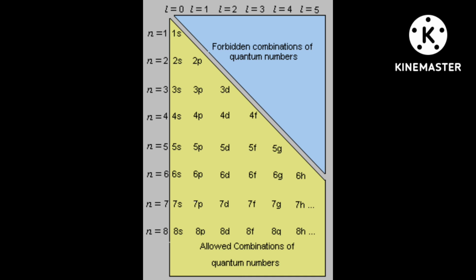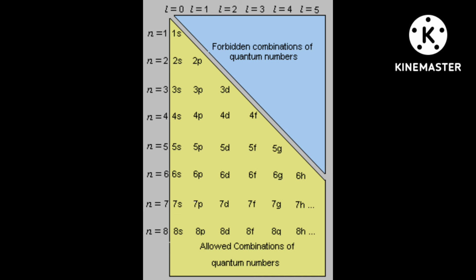Under the p subshell, 3 orbitals are there, Px, Py, Pz. Then 2 into 3, maximum 6 electrons can be accommodated in the p subshell.